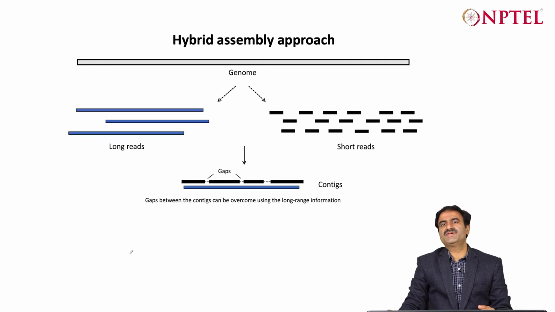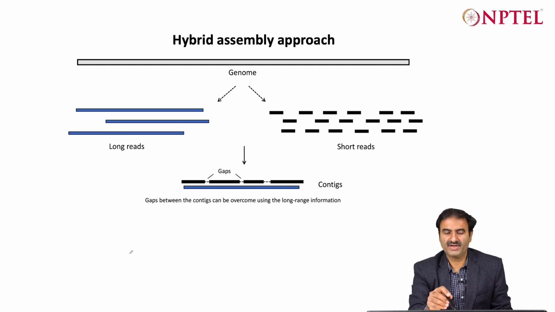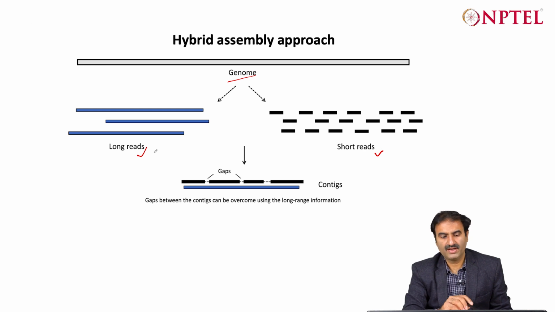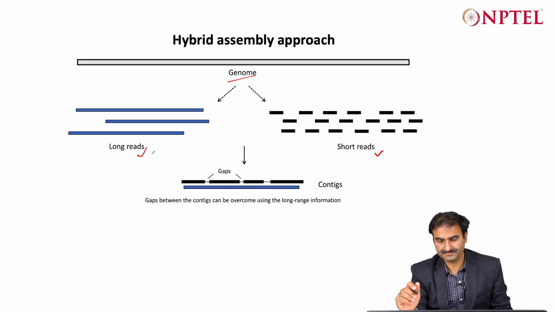And the combination of long read and short read is a better idea. There are some tools which try to merge the two together at the initial stage, or what you can do is, for any genome, you generate long reads and short reads, assemble the long reads separately and the short reads separately, okay, and then merge the assemblies, right. The other idea is that you can merge both together at the initial stage, but that may lead to more calculations, and may have some advantage.